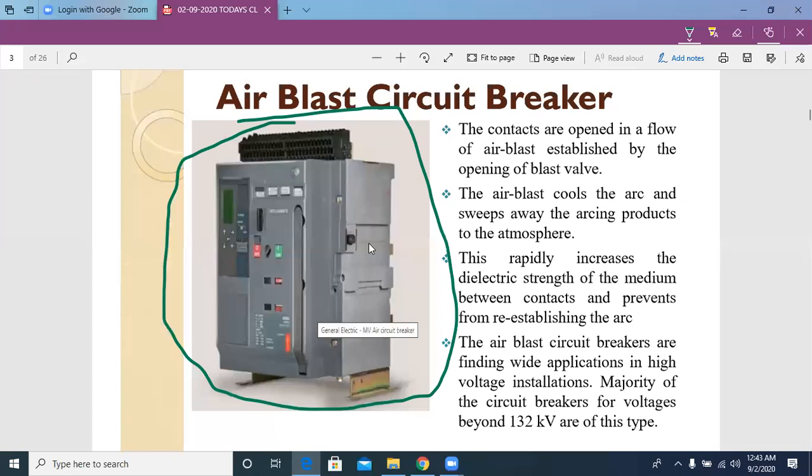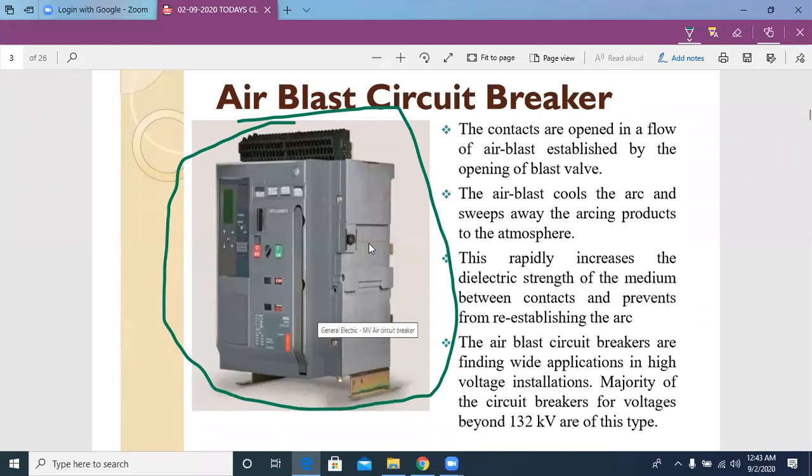So I repeat once again. When the arc is initiated between the contacts, at the same time, pressurized air flows along with the arc. Due to that reason, the free electrons also move along with the airflow from the contacts.